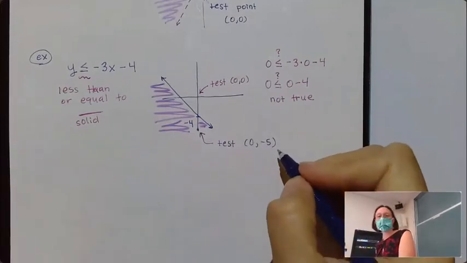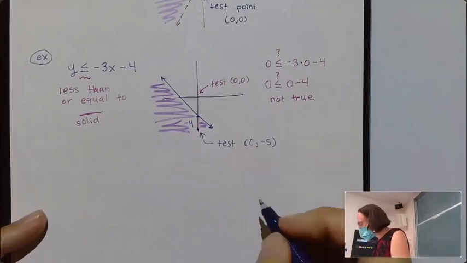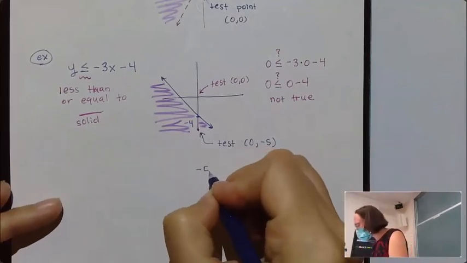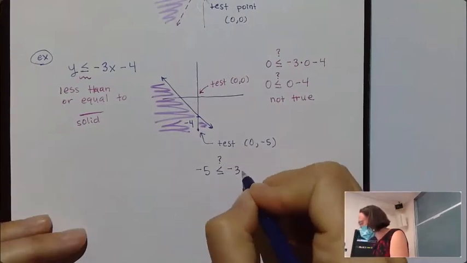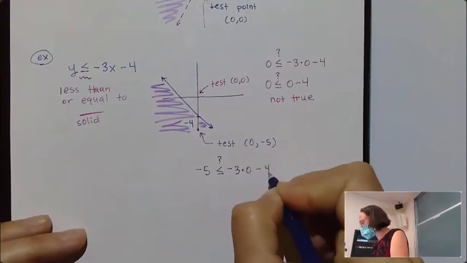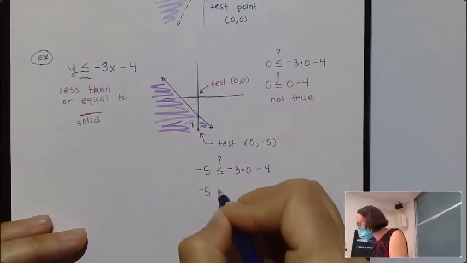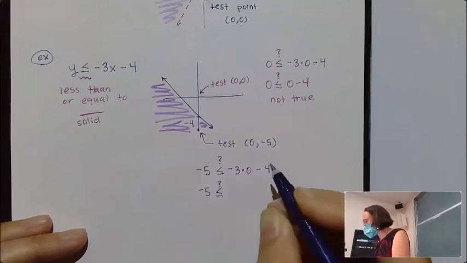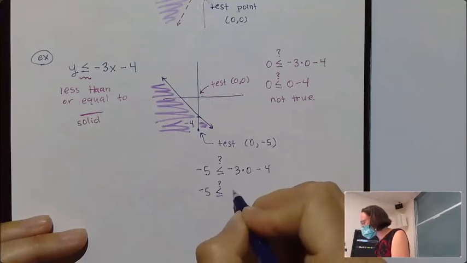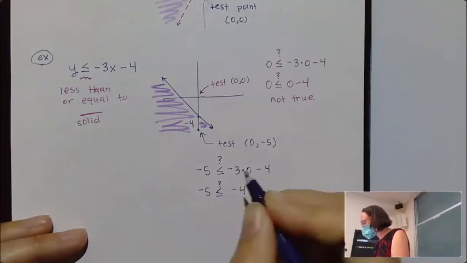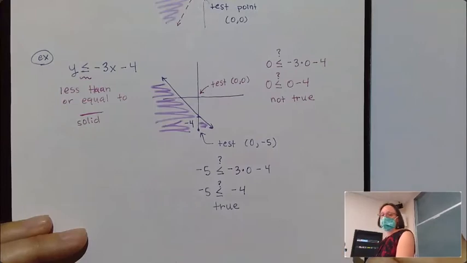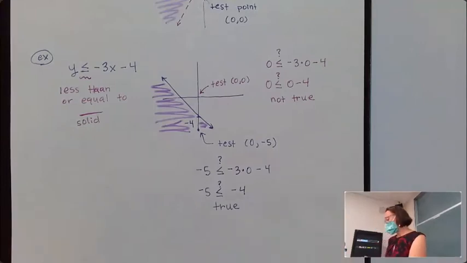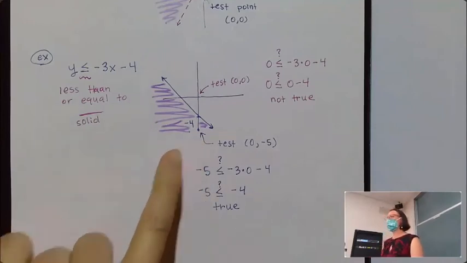If I test 0, -5, then that would say, is -5 less than or equal to -3 times 0 minus 4? So is -5 less than or equal to 0 minus 4? And that is true. So if that had been my test point, I would say, oh, okay, so shade the side of the line that includes that test point.